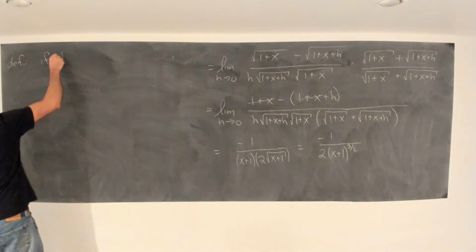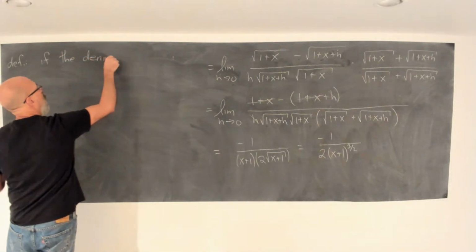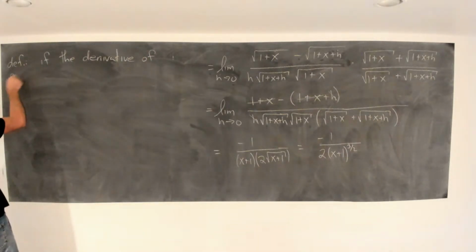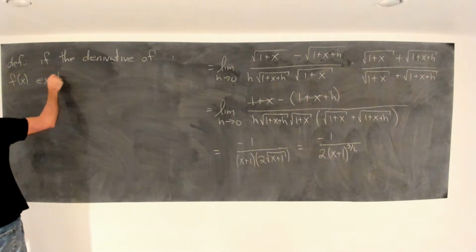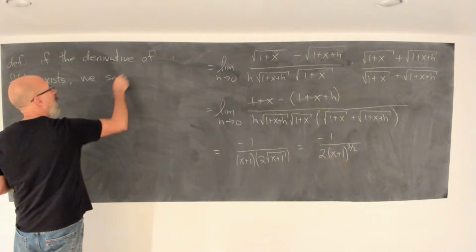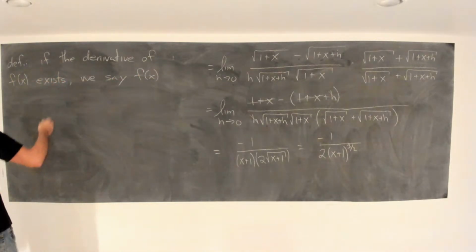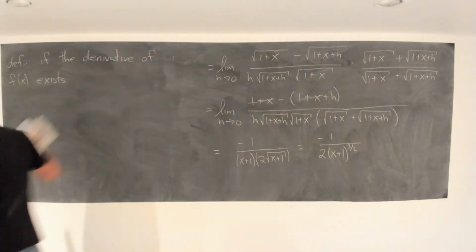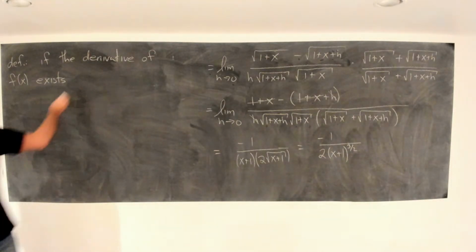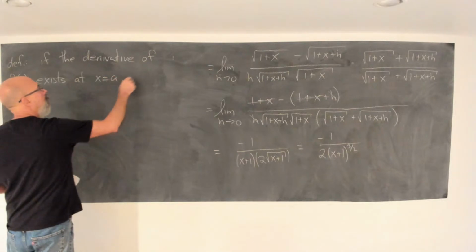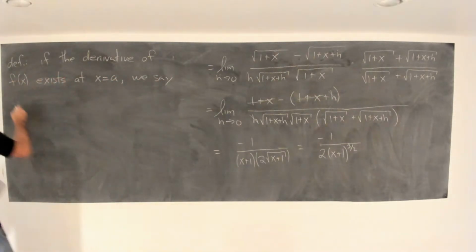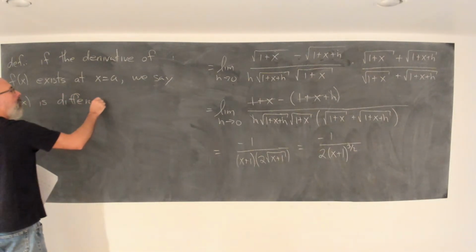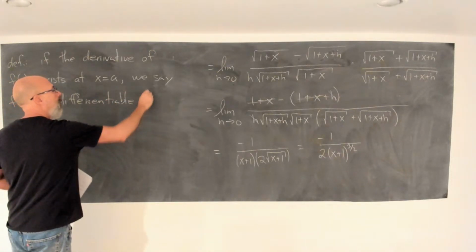If the derivative exists, we say f of x, well, exists at some point A, we say f is differentiable at that point.